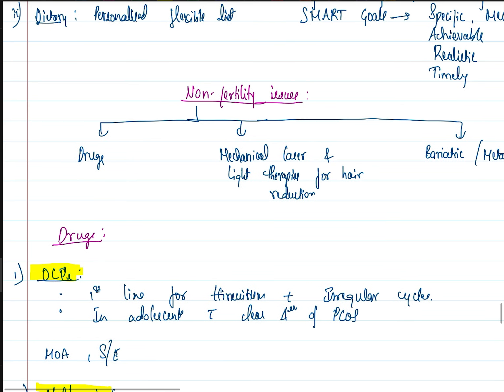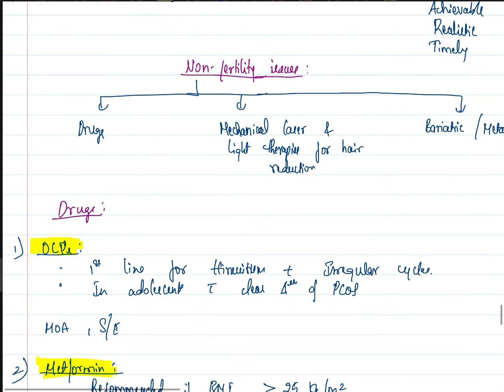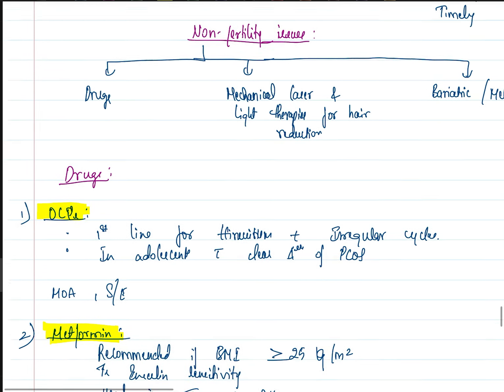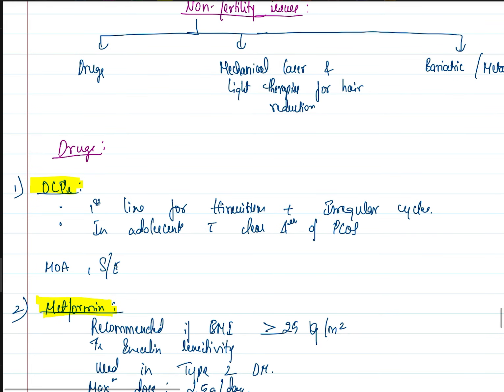So, the first line drugs for hirsutism and irregular cycle are oral contraceptive pills. They can be used in adolescents also when there is a clear diagnosis of PCOS. As such, no contraindication.